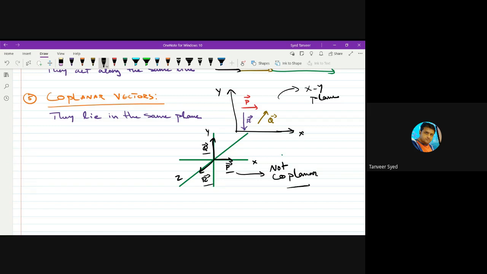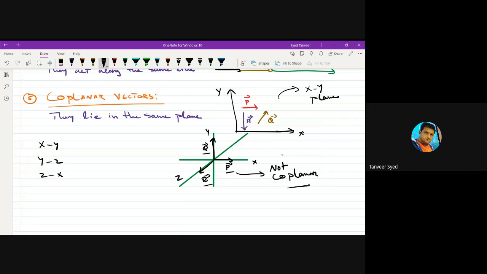Coplanar vectors and non-coplanar vectors. Sir, I have a doubt. Sir, if we take XYZ as a plane, then XYZ non-coplanar. XYZ is not a plane. You can have the XY plane, the YZ plane, the ZX plane.